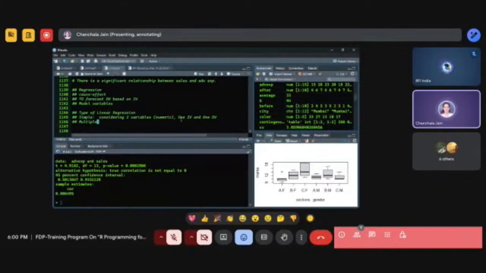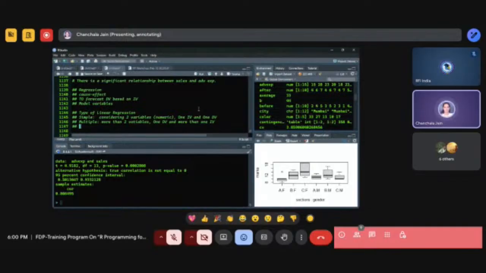In case of multiple regression, we will be having more than two variables, right? That is one dependent variable and more than one independent variable, right?